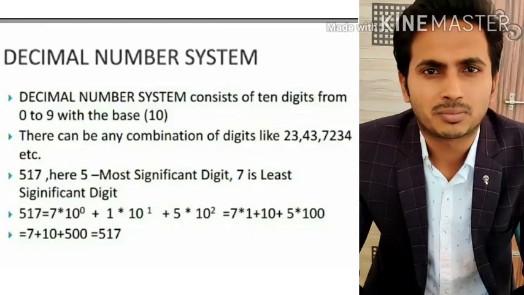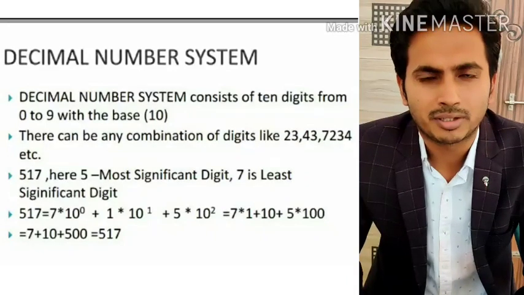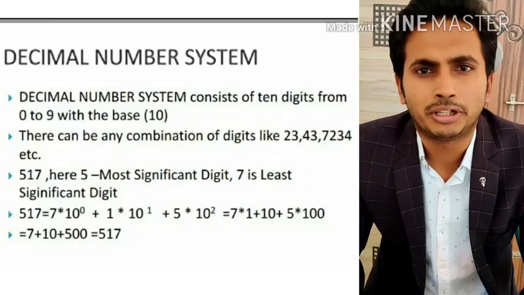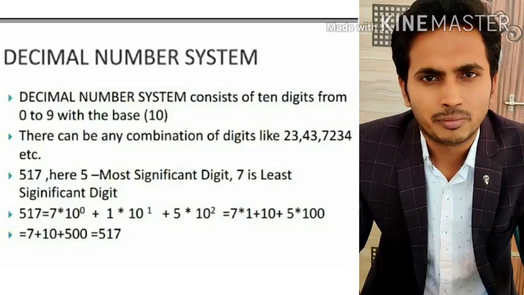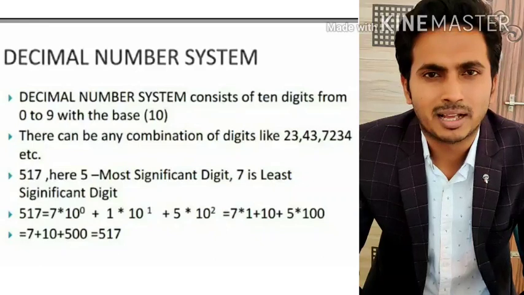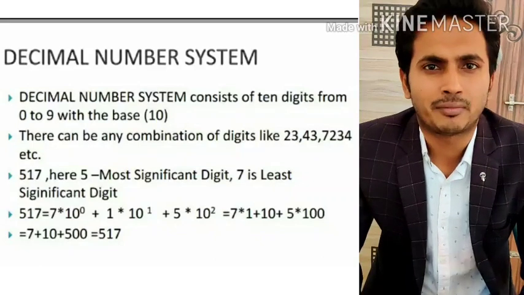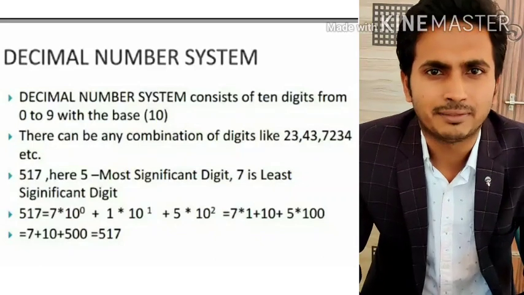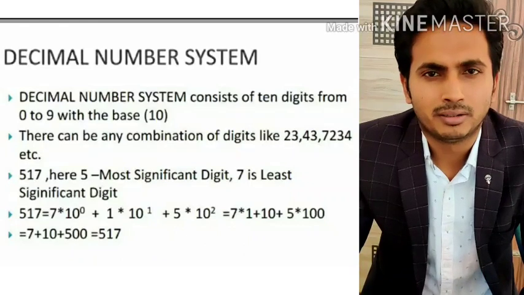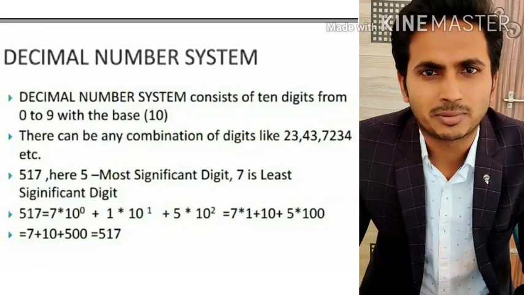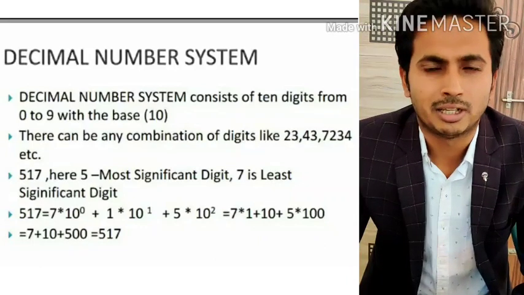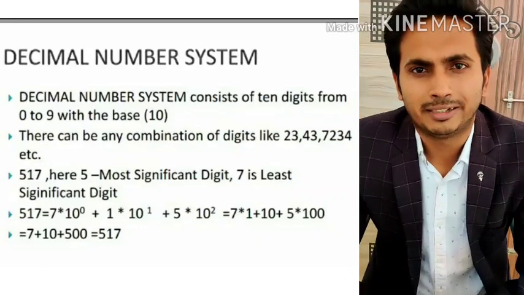We have the numbers from 0 to 9, and we can make any combination, like 917 or 517, that is a number. In total we use 10 digits from 0 to 9, so they make the decimal number system.